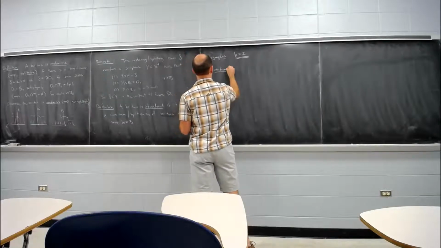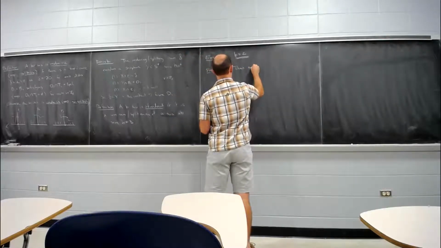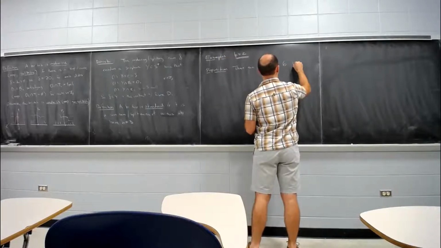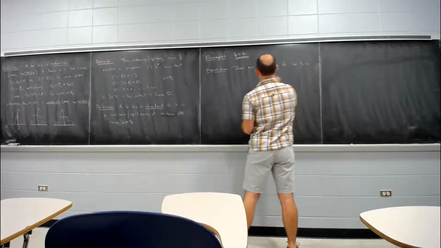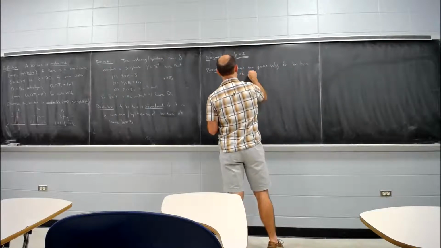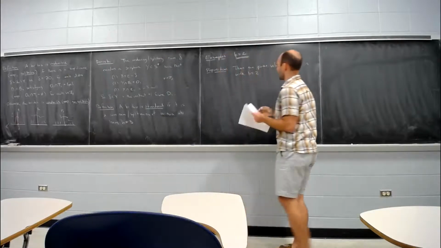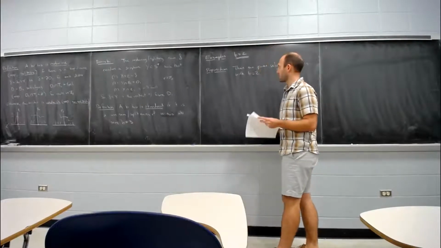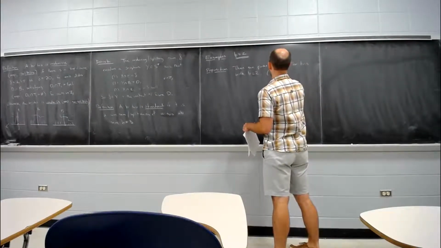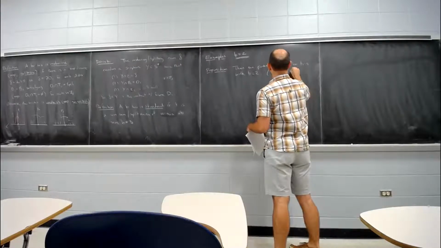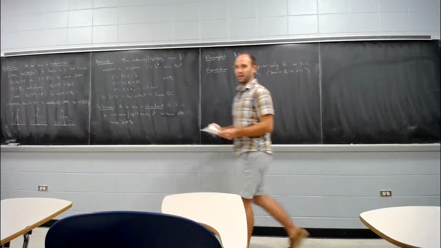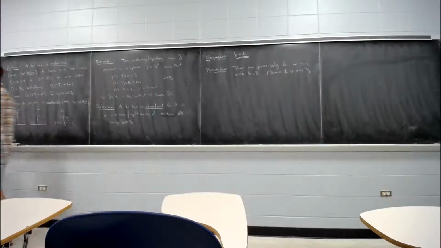Proposition. There are precisely 6 bridge trisections with b equal to 2. Okay. And of course, there is 1 with b equals 1. Everybody's seen that guy. Okay, so there are 6 bridge trisections with b equals 2.